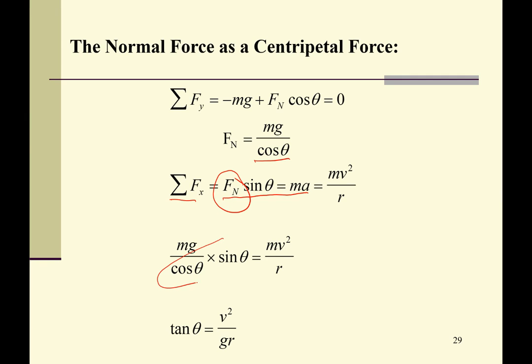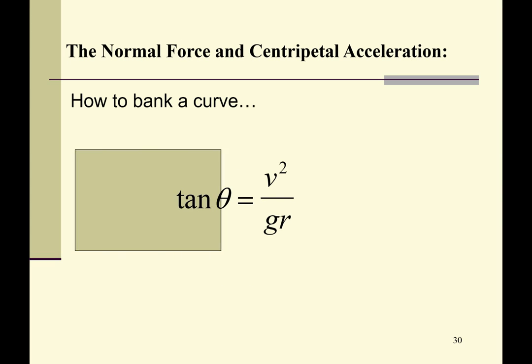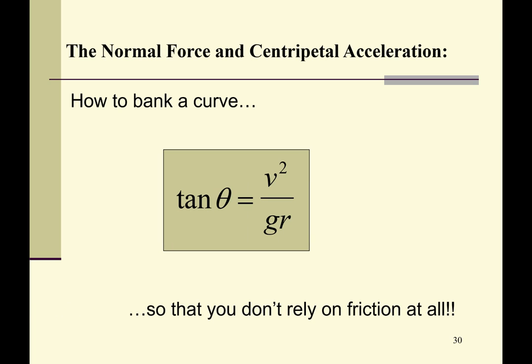Well, sine over cosine is just going to be your tangent. Your masses are going to end up canceling, so you end up getting that tangent theta equals v squared divided by g times r. When we look at that, we realize that friction really doesn't matter, okay? So we don't rely on friction at all.